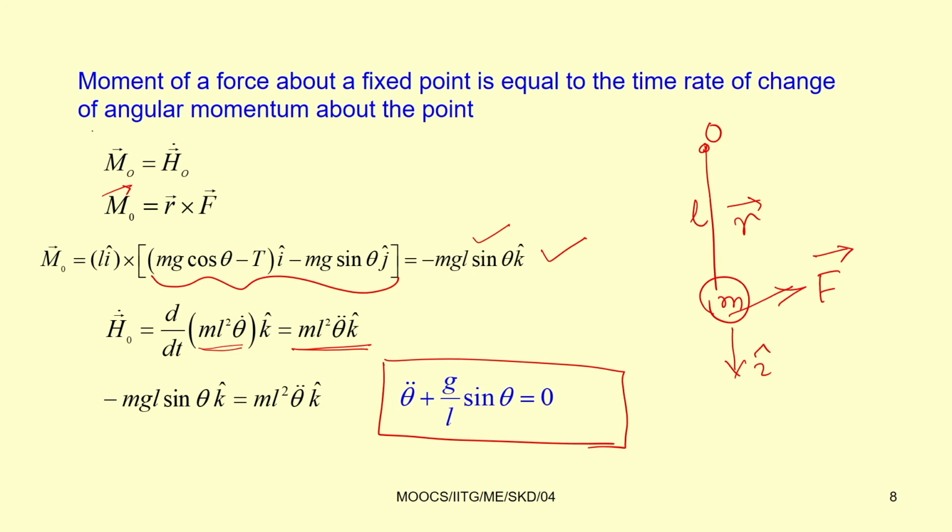This way, using the moment and angular momentum principle, we can derive the equation of motion. Now we know both approaches, which is why this is known as the force and moment based approach.